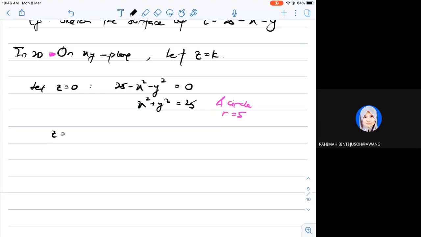Okay, let's say z equals to 9. So we have x squared plus y squared equals to 25 minus 9 lah. Tadi 25 minus 0 kan? So 25 minus 9, so we will have x squared plus y squared equals to 16. Okay?